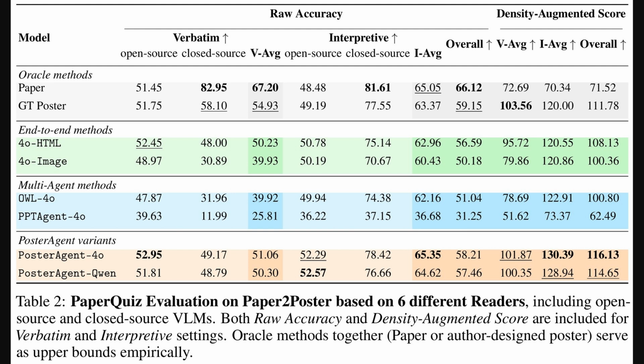And what's really striking is that the Poster Agent variants, particularly Poster Agent 4.0 and Poster Agent Qwen, achieve excellent overall density augmented scores. In fact, they're right up there with, and sometimes even exceed, the human-made ground truth posters. This really highlights their effectiveness.